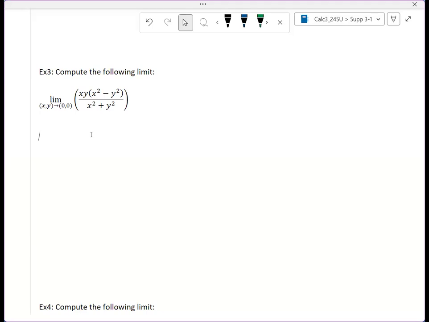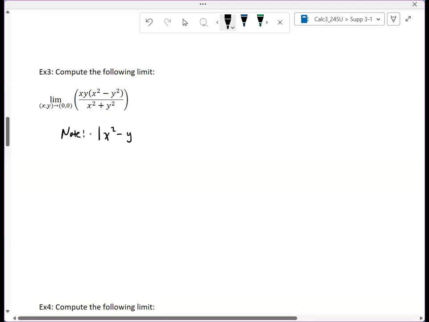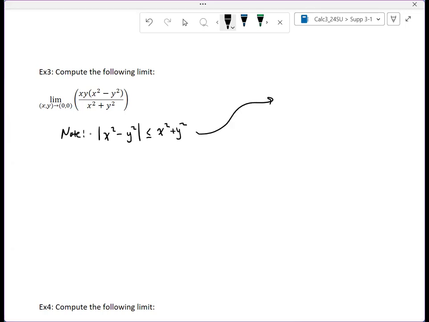Well, here I'm going to make use of an inequality. I'm going to note that the absolute value of x squared minus y squared is less than or equal to x squared plus y squared. So let me just come over here and prove this.